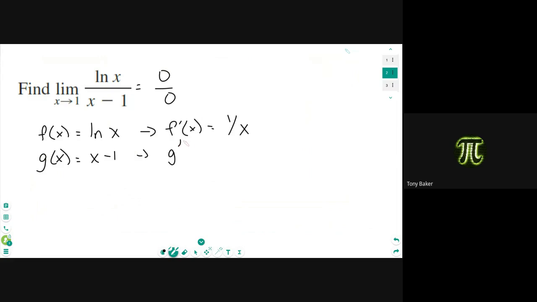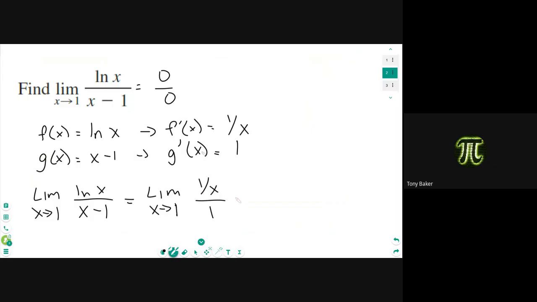What's the derivative of x minus 1? Just 1. So the limit as x goes to 1 of ln of x over x minus 1 equals the limit as x goes to 1 of 1 over x over 1.